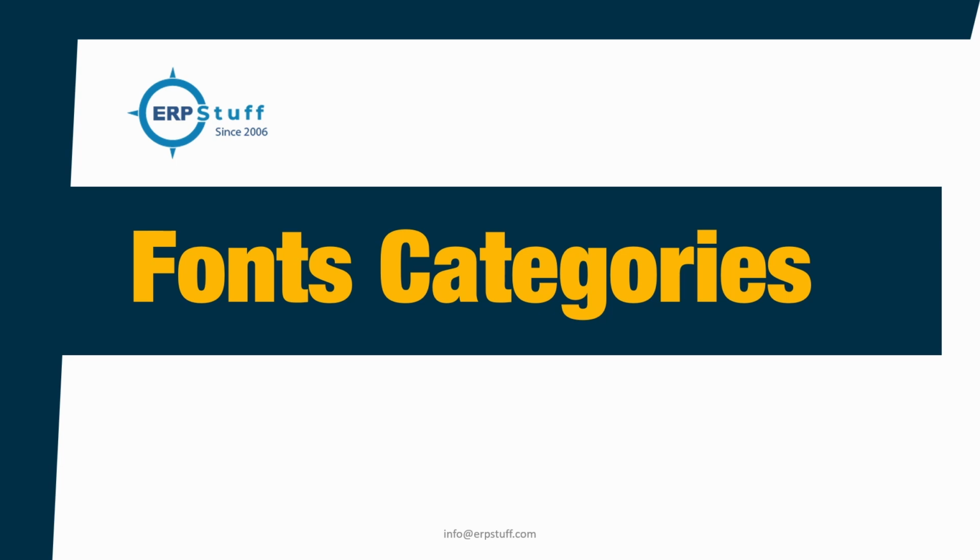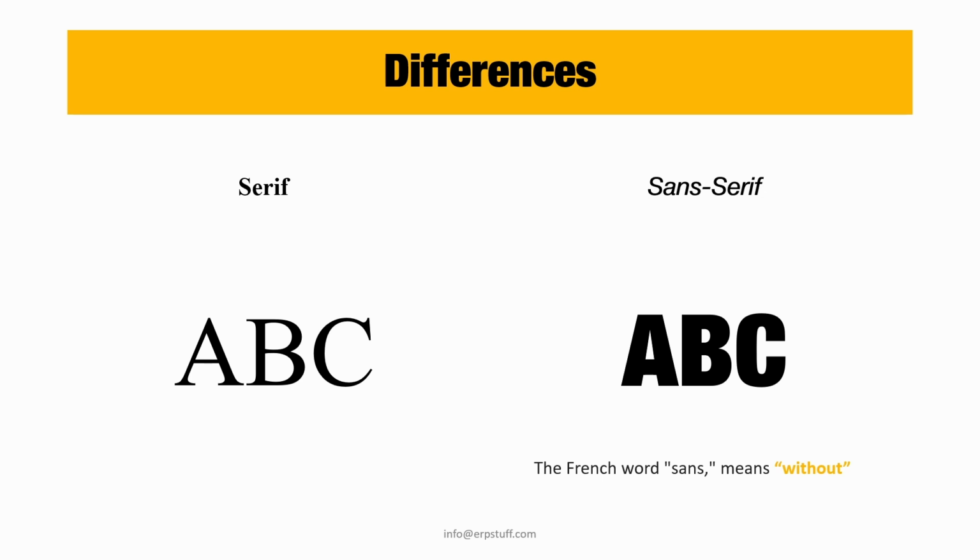So let's proceed. If you see here, there are two major categories, serif and sans-serif. If we talk about the differences, on the serif side the alphabets have these corners or edges.